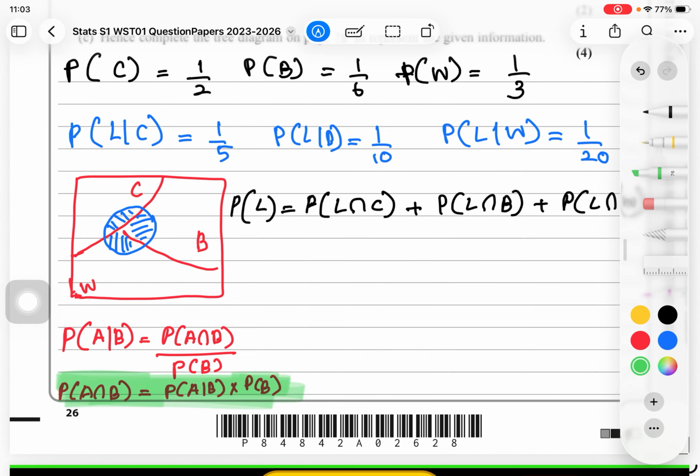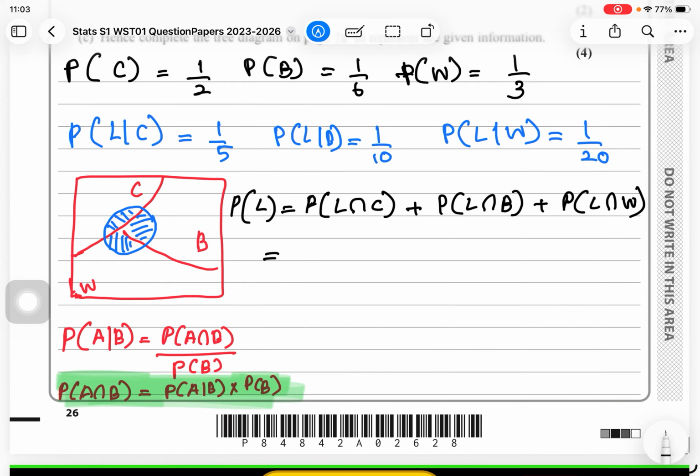Similarly in this question, the probability of being late is the probability of late given car times the probability of car, plus the probability of late given bicycle times the probability of bicycle, plus the last one.